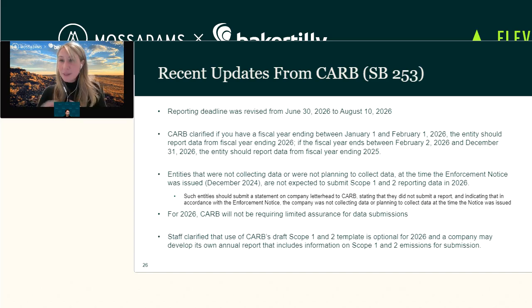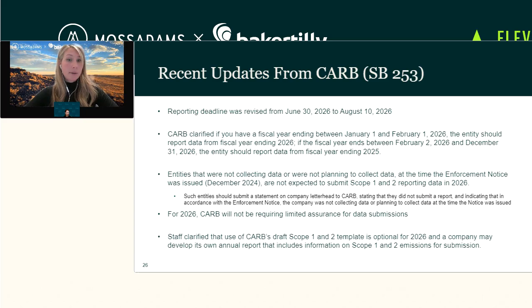So if you will still be submitting your Scope 1 and 2 data by that August 10th deadline, no entities are required to receive limited assurance over that information to be in compliance with CARB. Now, as an ESG assurance professional, I would still say I think there's value in exploring obtaining limited assurance or some other sort of readiness for this first year, but not required by CARB for this first year.